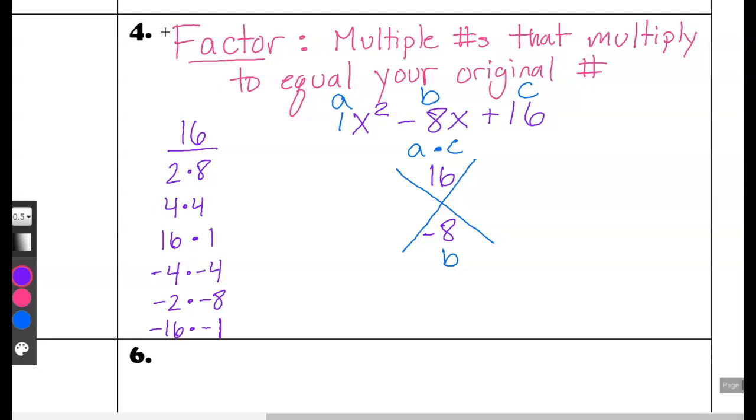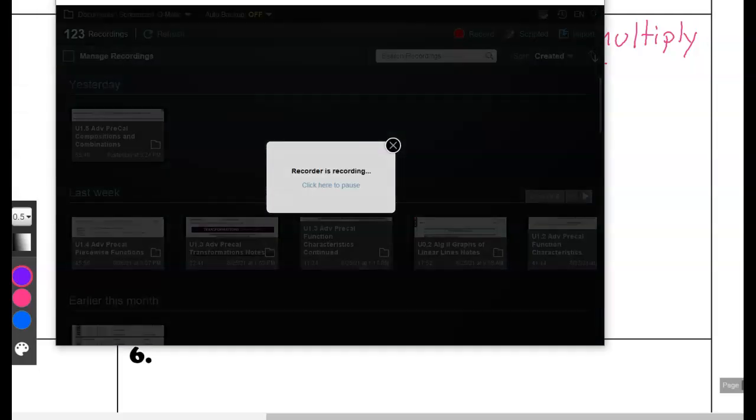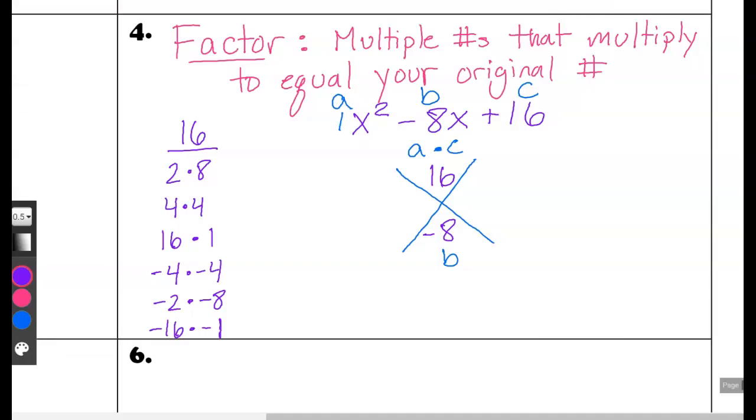Okay, so now, to create the factors, we're looking for two numbers that do two things. Multiply to equal the top number.